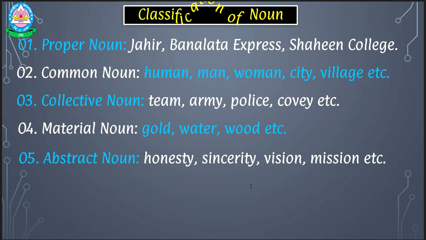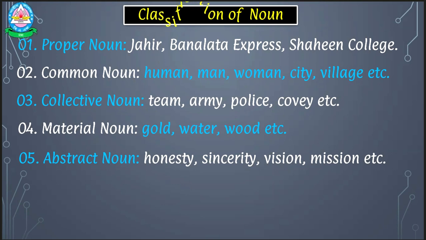For example, if we say man, this is common to all. The qualities are common to all men. They belong to the same quality, and so it is with women. If we say city, it means Dhaka is a city, Chittagong, Chattogram, Sylhet, and all the cities. It is very common to all because these places have the same qualities or advantages.